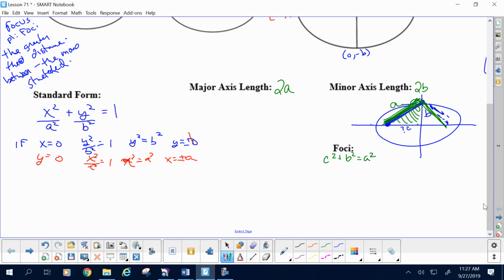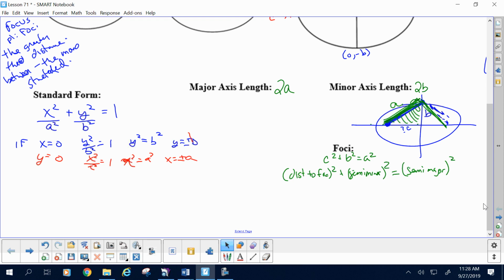That's not going to stick. Okay, C is the distance to the focus squared plus the semi-minor axis squared equals the semi-major axis squared. And if A's, B's, and C's stick to you, great. It never stuck to me. To me, it's arbitrary.